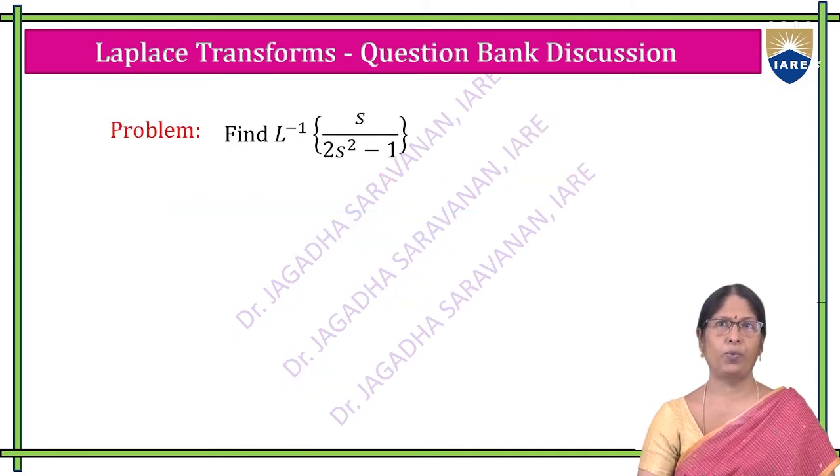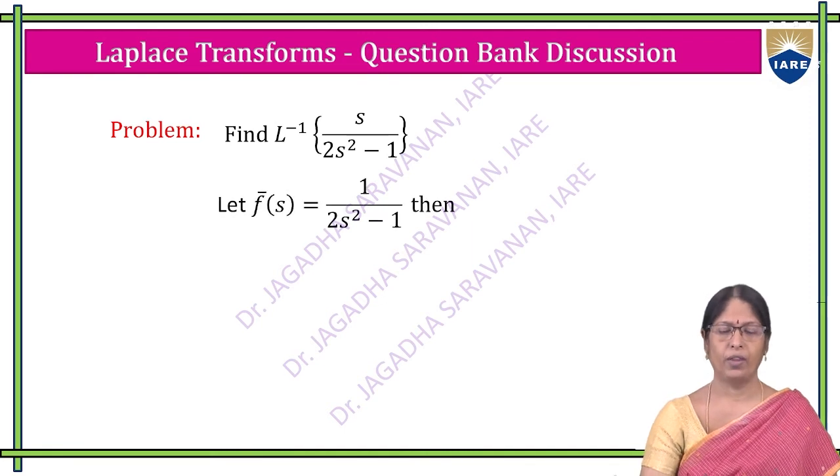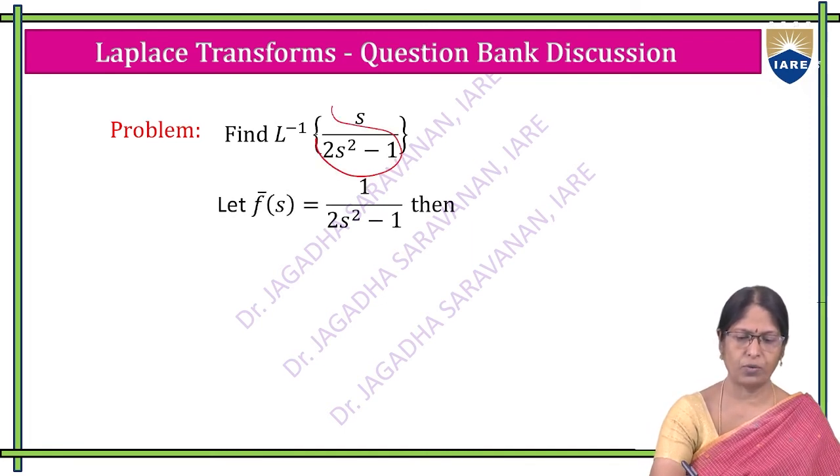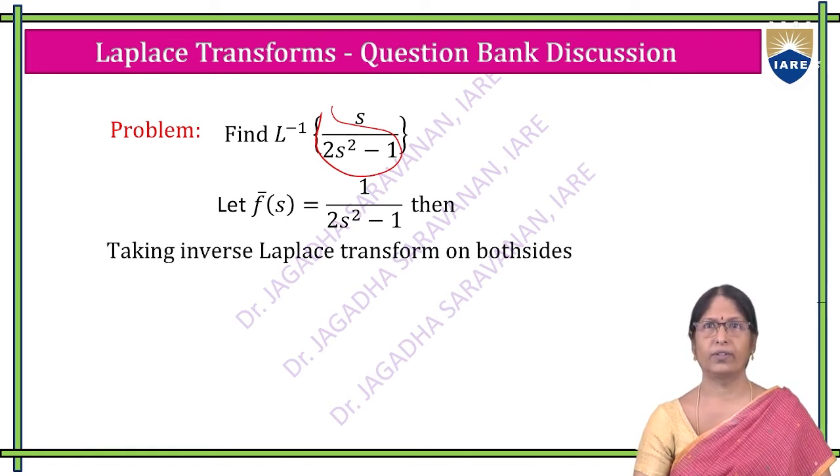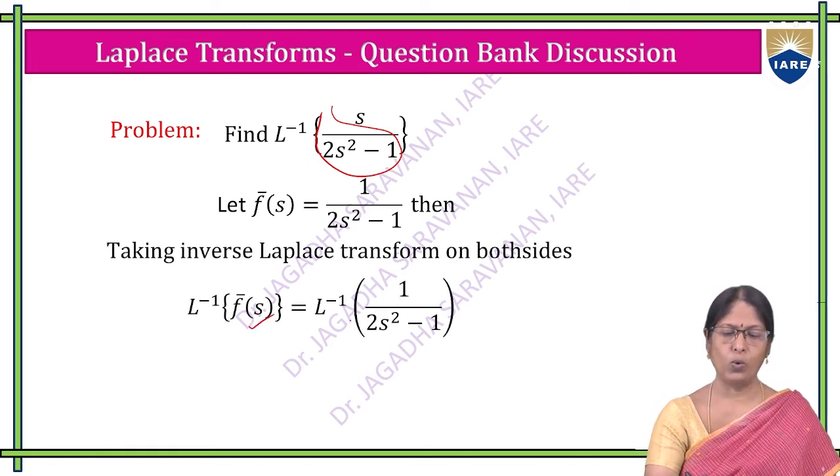So the next problem in our question bank is L inverse of s by 2s square minus 1. We are taking only part of the question as f bar of s, and taking L inverse on both sides.